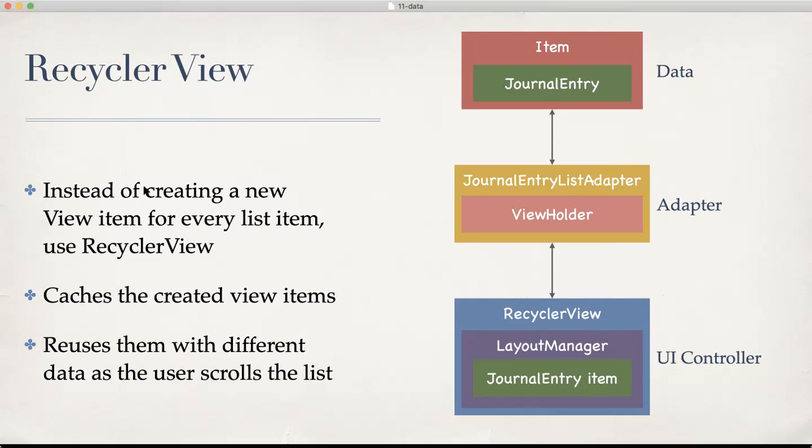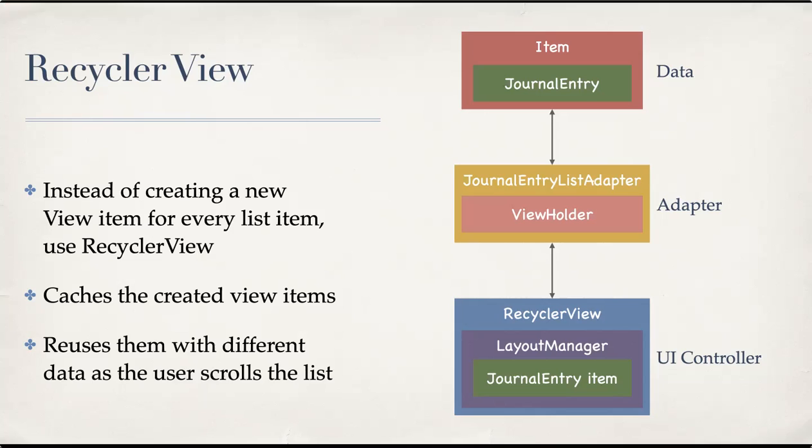So the idea is, instead of creating a new view item for each list item, use the recycler view, which, as the name suggests, recycles the view and renders it for all these different items, which it gets from the database or some underlying actual Java concrete list.